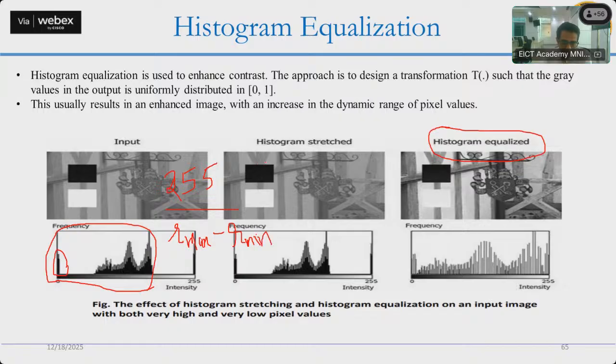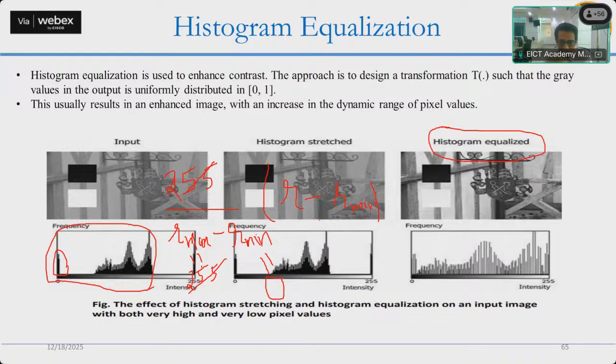Same formula, times R minus R min. Remember, if R max is 255 somehow, and R min is 0, then what will happen? 255 minus 0, 255 upon 255 will cancel out.